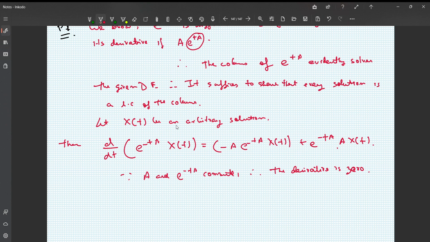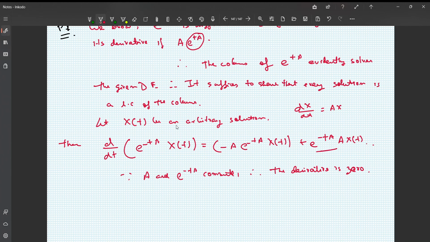And why is it so? Because x(t) satisfies the differential equation. Therefore dx by dt should be of the form ax, so we have used that. If I break it down, dx(t) by dt is a x(t).